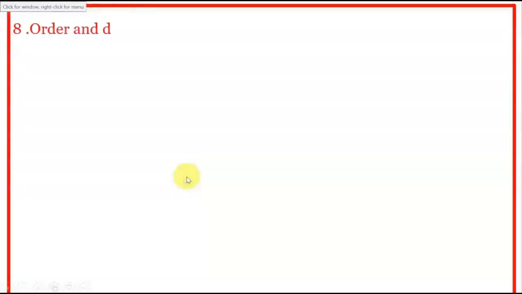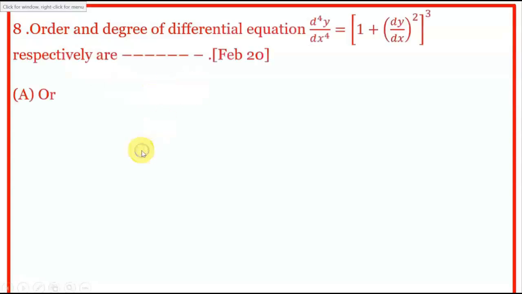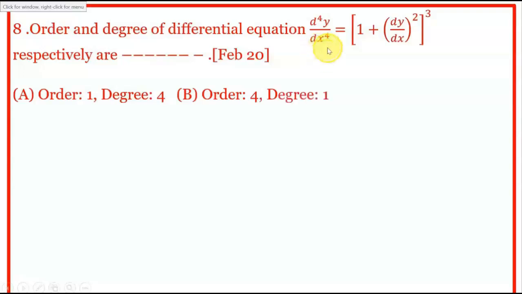Now next, order and degree of the differential equation (d⁴y/dx⁴) = [1 + (dy/dx)²]³ respectively are. Now here, first option: order 1, degree 4. B: order 4, degree 1.